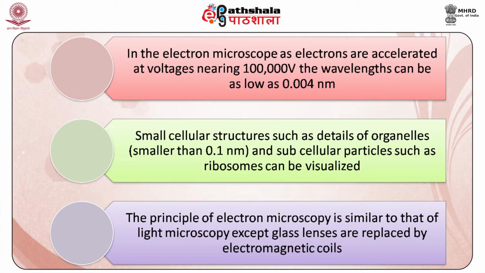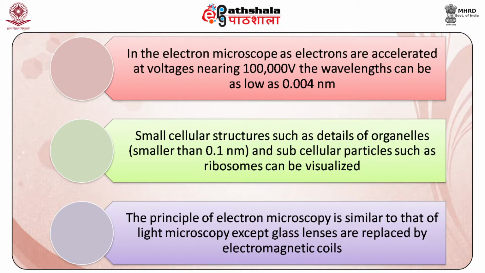Hence, in the electron microscope, as electrons are accelerated at voltages nearing 100,000 volts, the wavelengths can be as low as 0.004 nanometers. Small cellular structures such as details of organelles smaller than 0.1 nanometers and subcellular particles such as ribosomes can be visualized.